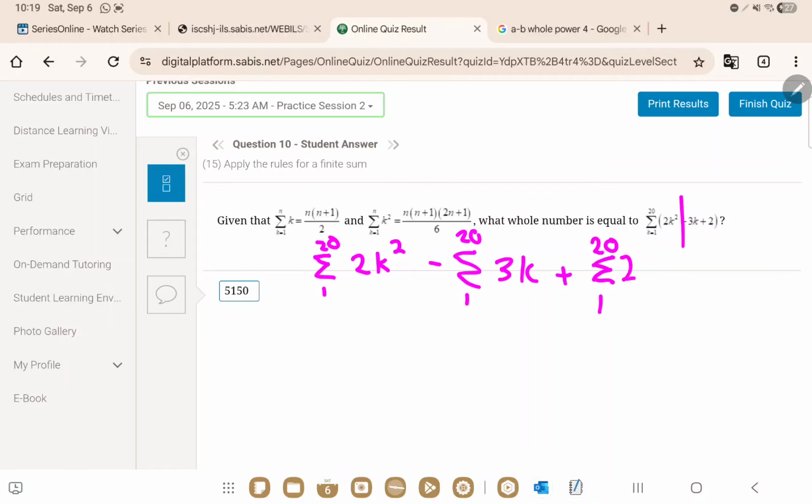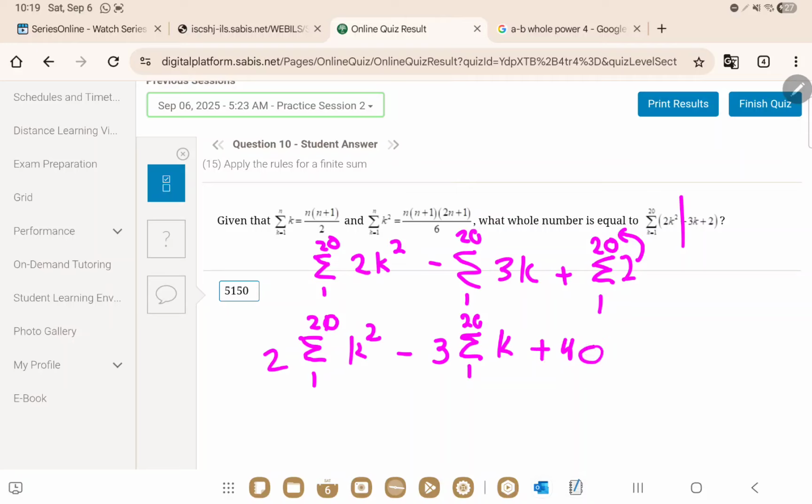Now, whenever you have 2k squared, you can take the 2 out, making it k squared minus, you can take the 3 out, and k here, and here you can't take the 2 out. What do you need to do to take the 2 out? Because you don't have a k value with it. To take it out, you multiply 2 times 20, so it is 40. So this is plus 40.